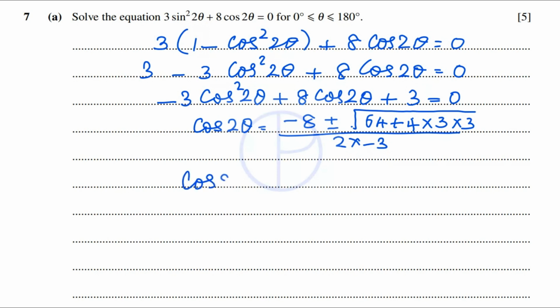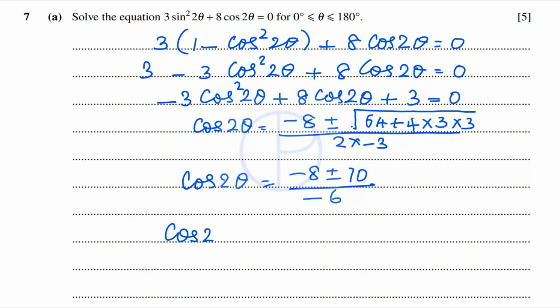so cos 2 theta is equal to minus 8 plus or minus square root of 64 plus 36. So this will be square root of 100, which is nothing but 10. Divided by minus 6.